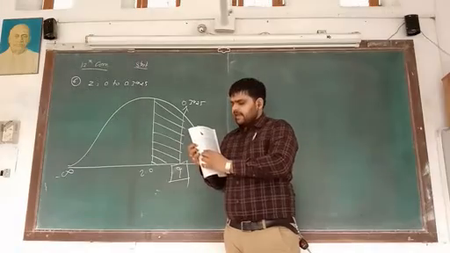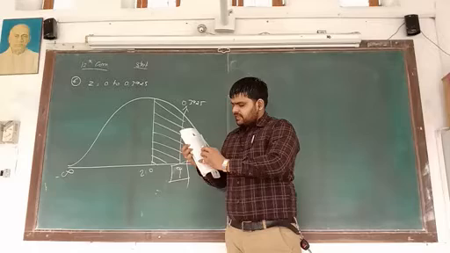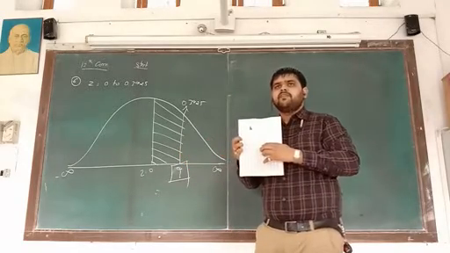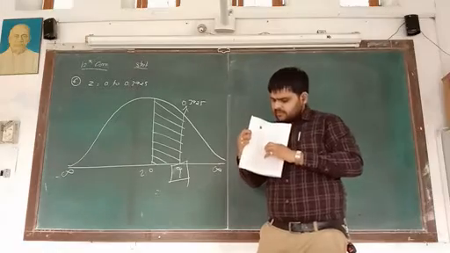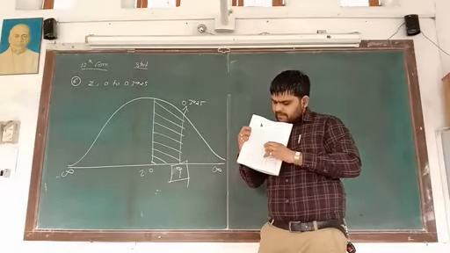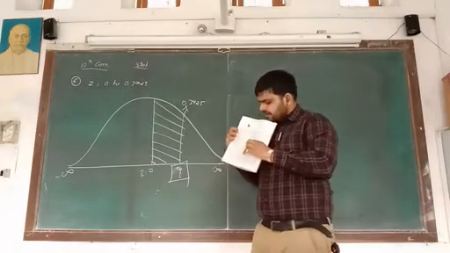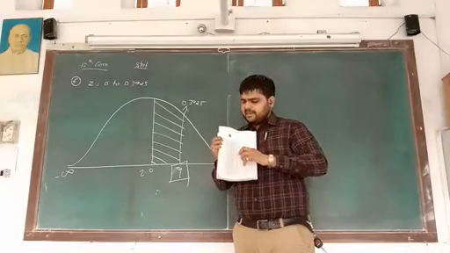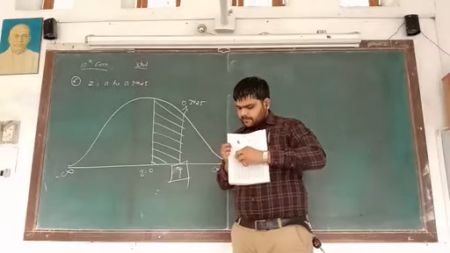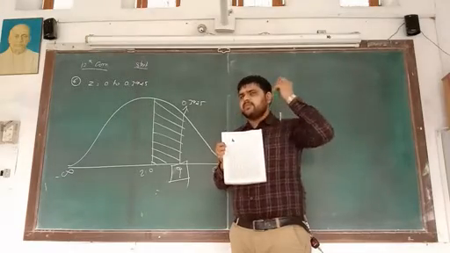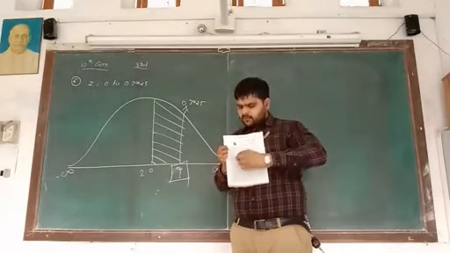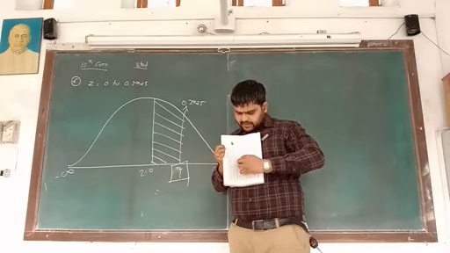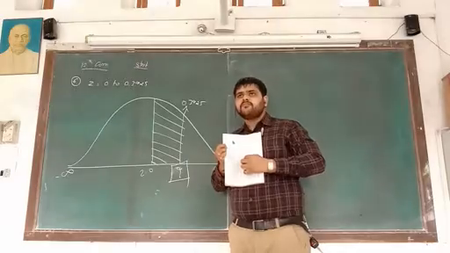Then for the second decimal, we can see 0.3925 given at z value 1.2, and we move across to 0.04.